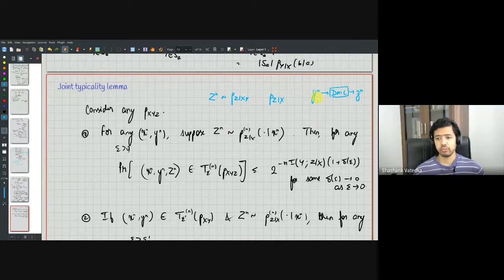Now, if I have the input as y^n and the output as z^n, there are different y^n corresponding to different code words. We'll see that if z^n is obtained by passing the true code word through a DMC, then the true code word and the received sequence z^n are going to be jointly typical with high probability. Now, what about the other code words?